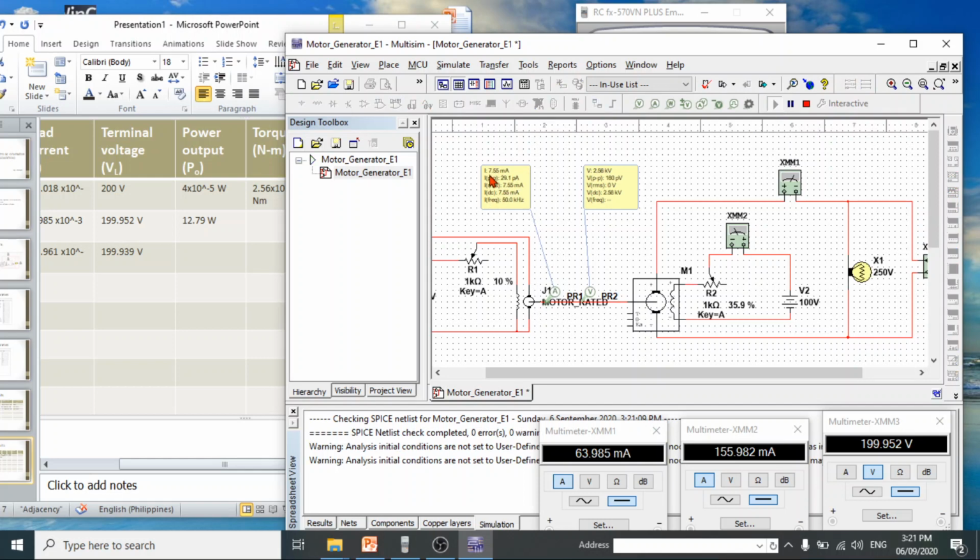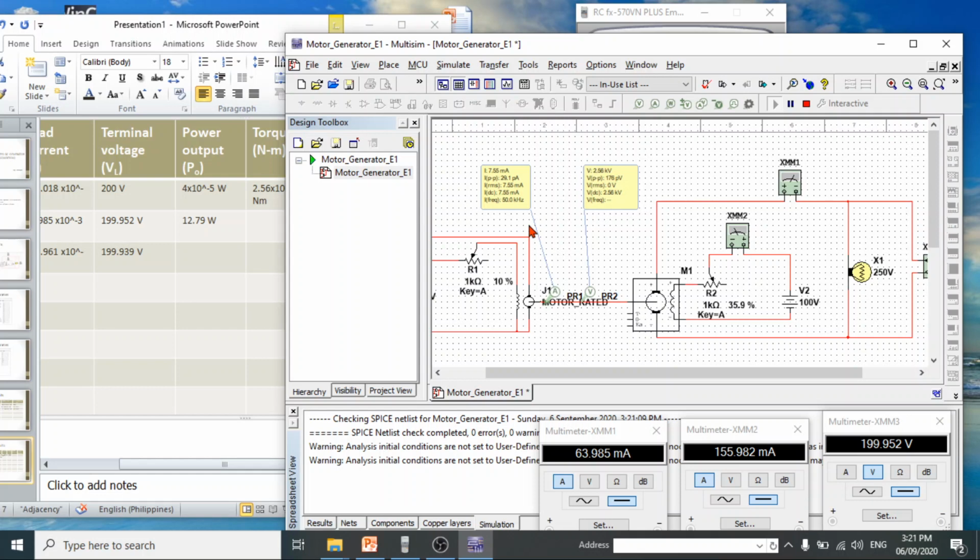You notice that the torque of the machine, or the torque of the generator or the motor, increases. This is what will happen to the prime mover. As the load of the generator increases, the input torque to the generator will also increase.